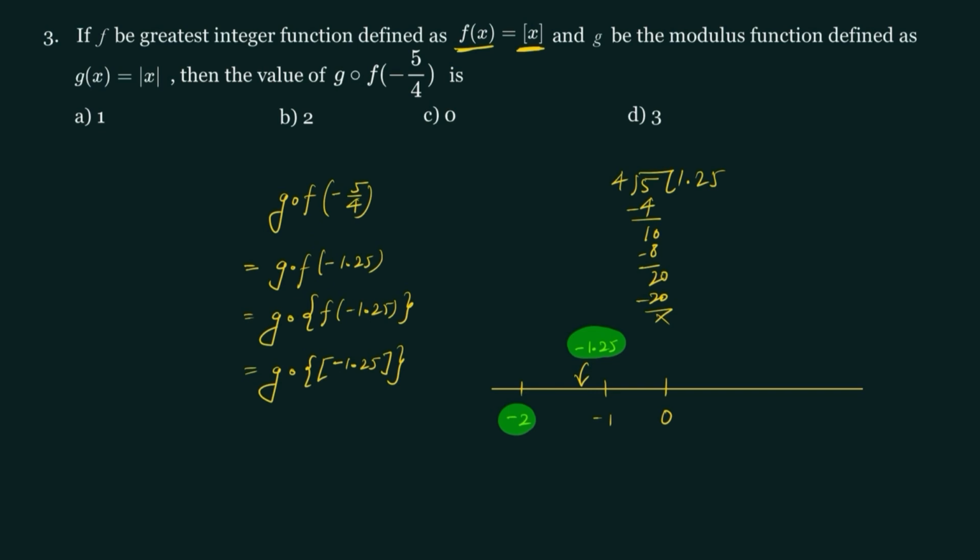But out of them, the greatest one is minus 2. That means the greatest integer function of minus 1.25 is minus 2. So it will be g of minus 2. Now since g is a modulus function, g of minus 2 can be written as modulus of minus 2, and the value of modulus of minus 2 is equal to 2. That means the correct option for this question is option B, that is 2.